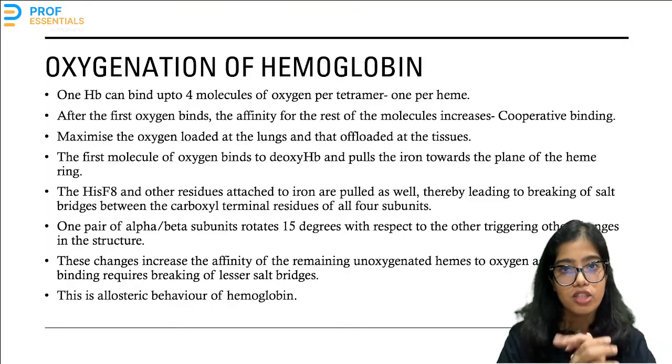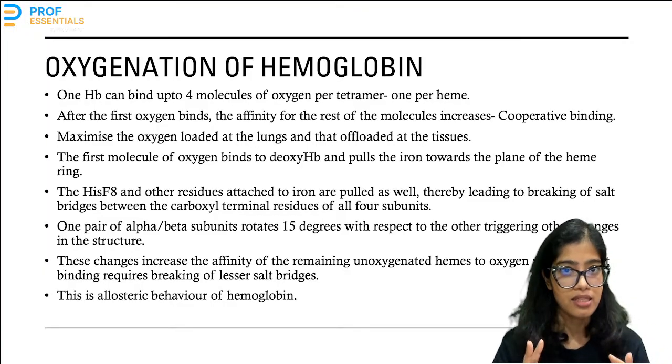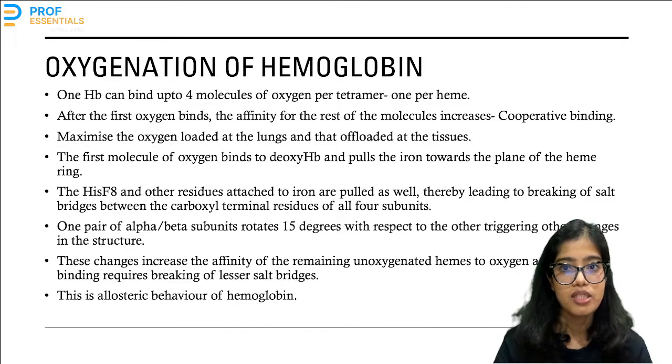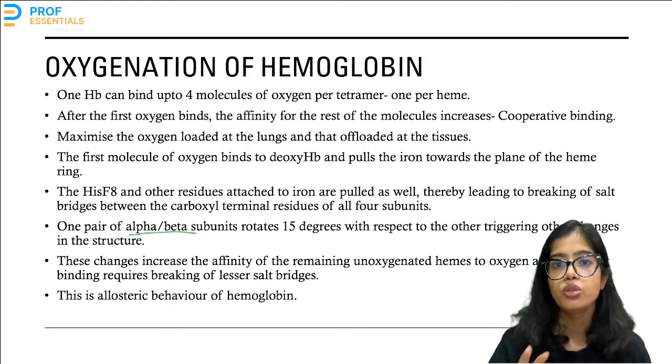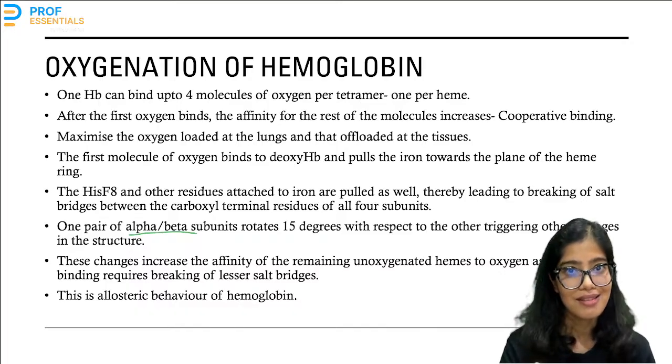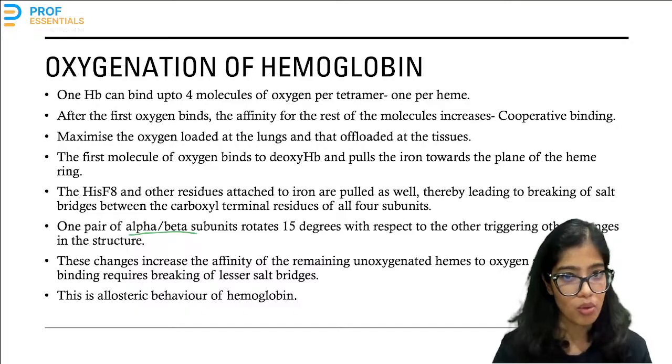Earlier, it had salt bridges to stabilize it. Now, the salt bridges are breaking. When the salt bridges have broken, one pair of alpha beta subunits is going to rotate about its axis, and it is going to trigger a change in the structure of hemoglobin.